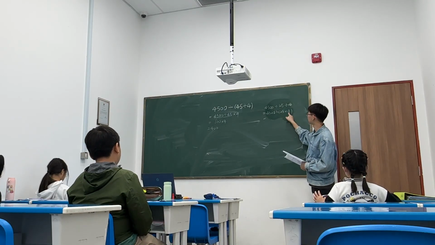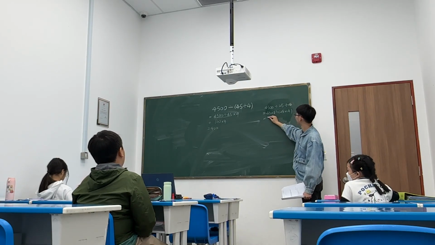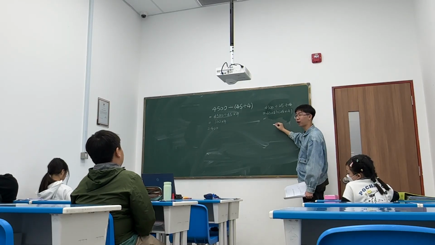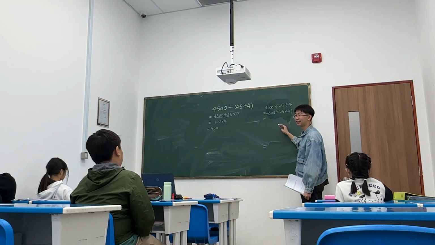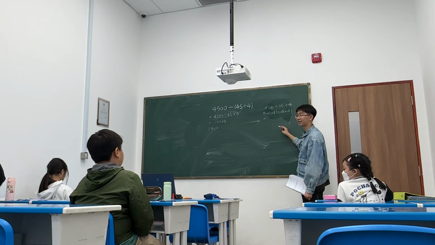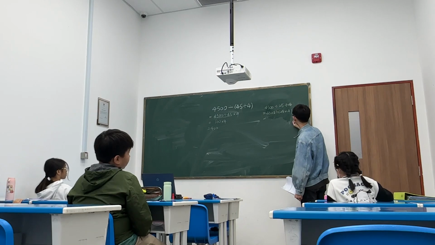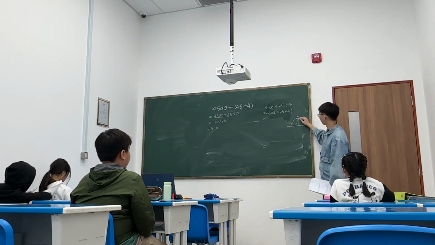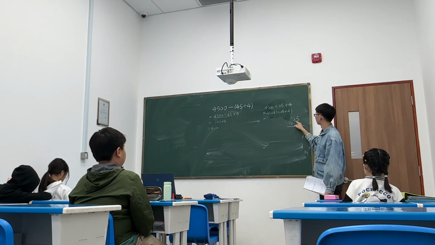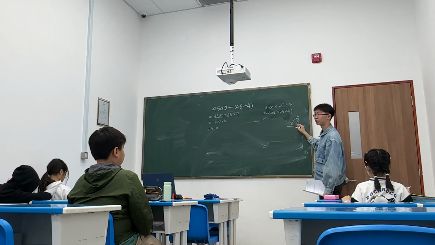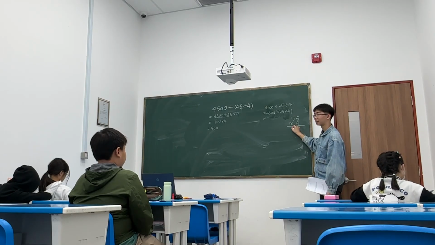Now, can you tell me what is this product? Still remember? 25 and 4. Okay, let me write on the calculator. 20 plus 8 plus 2, 10.